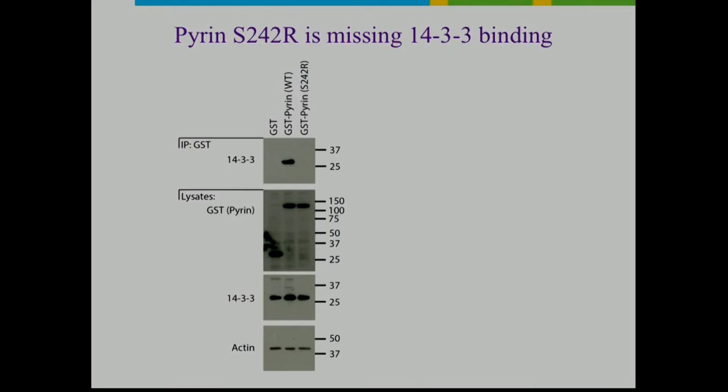So here we can see if we pull down GST-Pyrin and then probe for 14-3-3, we have strong binding. If, however, we have the S242R version, we don't have any binding of 14-3-3. So even though there are a couple of different phosphorylation sites on Pyrin, this one particular site is completely required for the binding of 14-3-3.